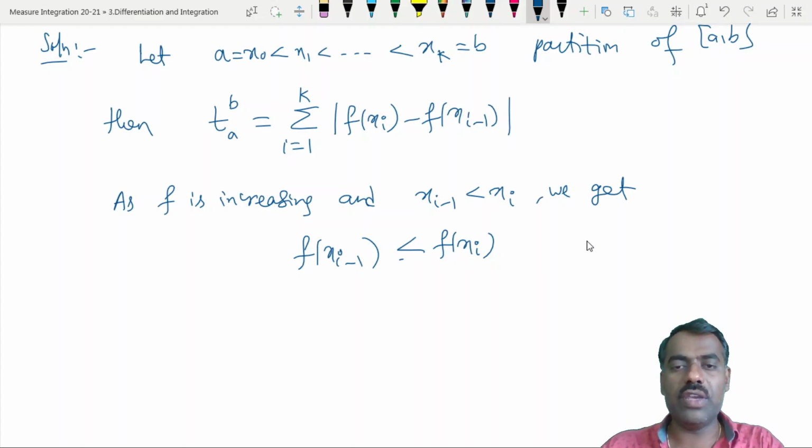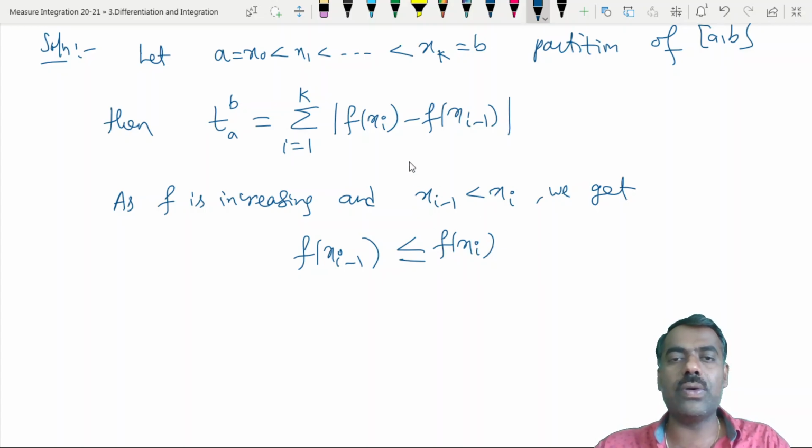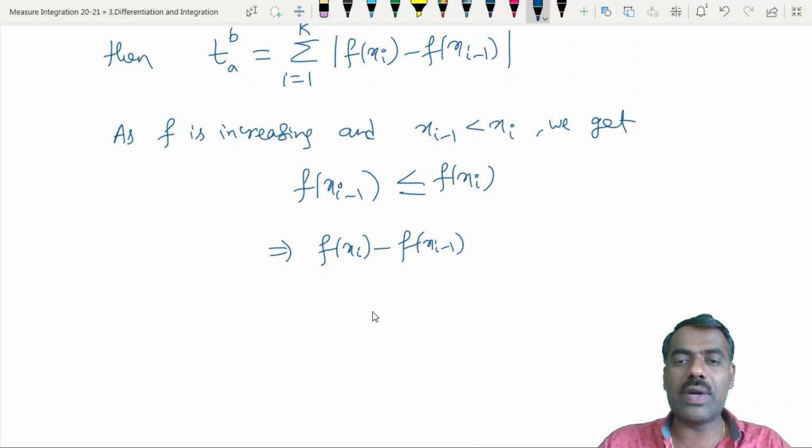If you want, you can write equal also, it is not a problem. So f of xi minus 1 is less than or equal to f of xi. Therefore f of xi minus f of xi minus 1 is greater than or equal to 0. Is this clear?